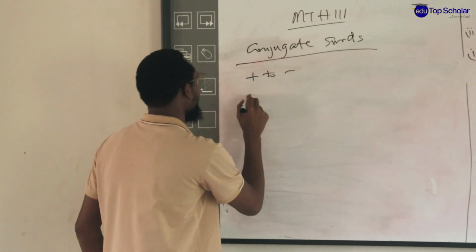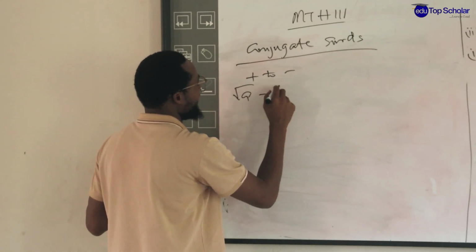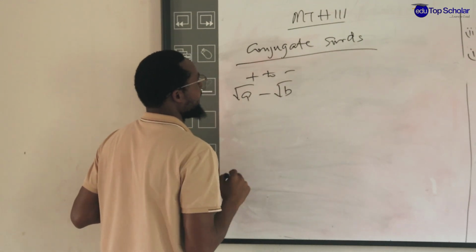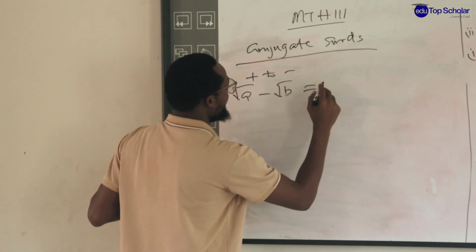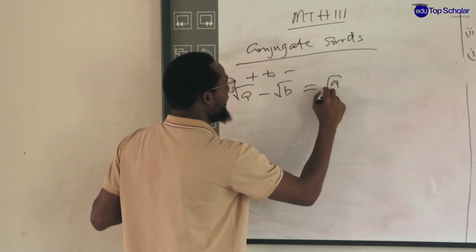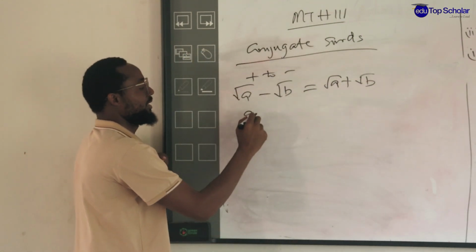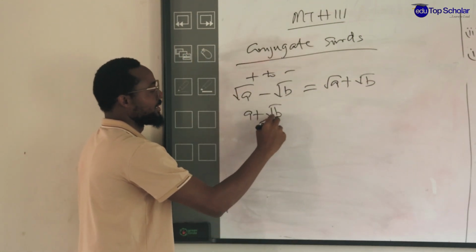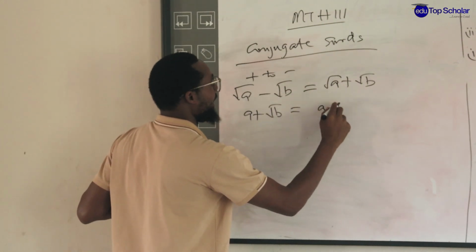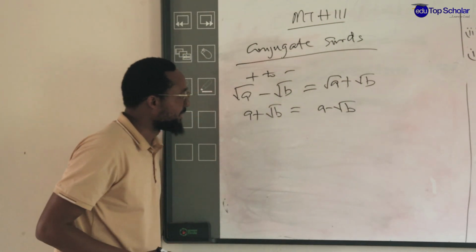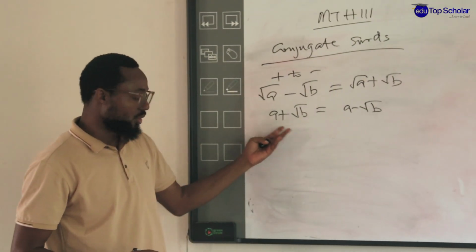For example, if we have root A minus root B, the conjugate of root A minus root B will be root A plus root B. Also, if we have A plus root B, for example, then the conjugate of this will be A minus root B. That's that about the conjugate.